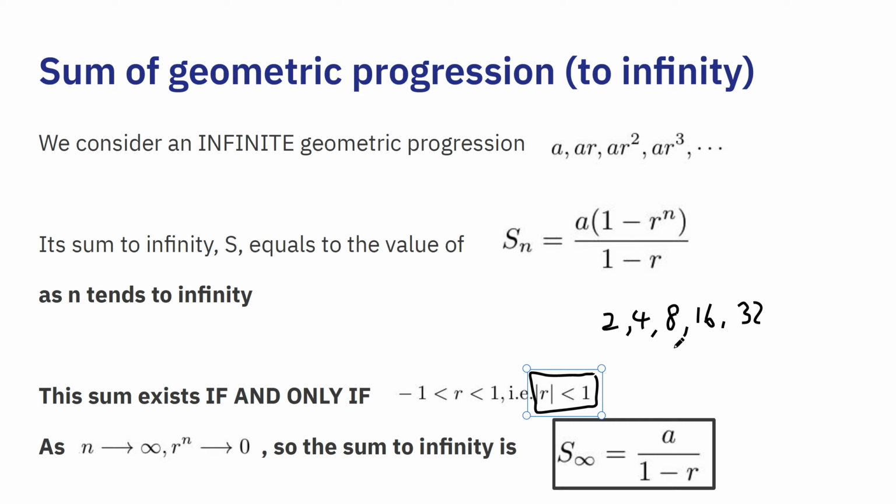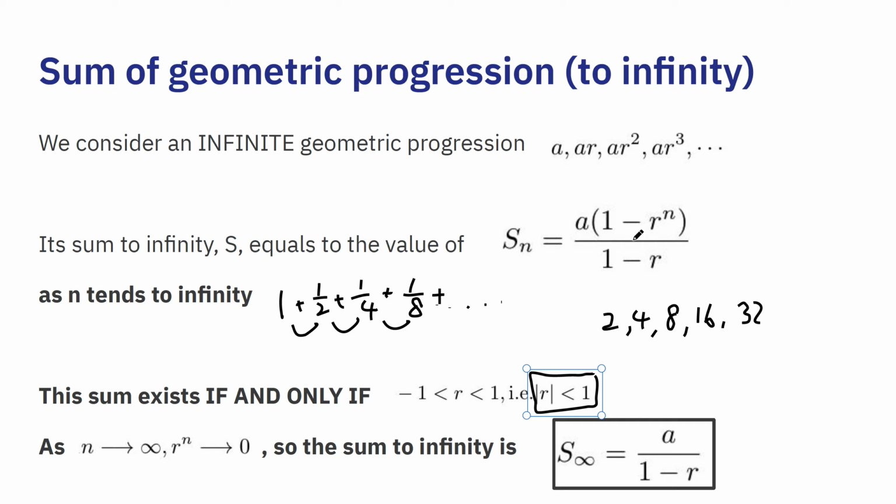Okay, so we have to have some kind of sequence like maybe 1, half, 1/4, 1/8. Here your common ratio is half. Okay, so we want to find the sum of this all the way to infinity. Now that we know that this is the necessary range between -1 and 1, what we realize is that as n approaches infinity, this thing to the power of n will get closer and closer and closer to 0.